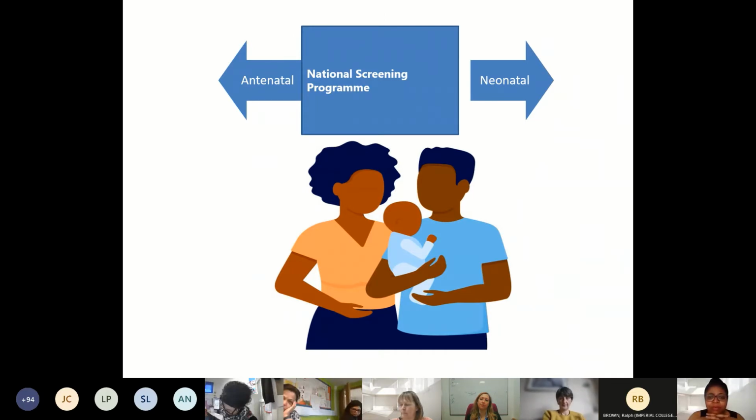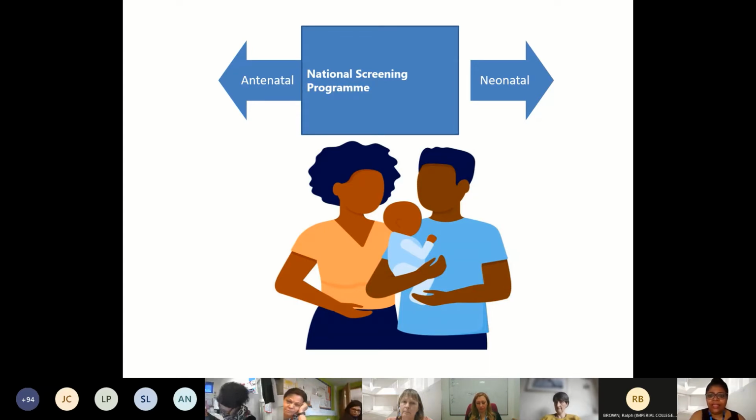That means every pregnant lady who books in at a maternity unit has a blood test, and she's also screened for sickle cell and thalassaemia, amongst many other things. So it's a universal screening where every pregnant woman gets tested antenatally.